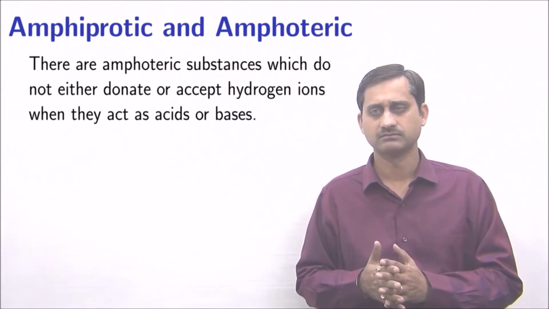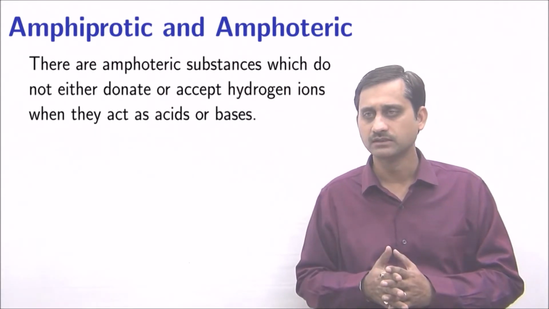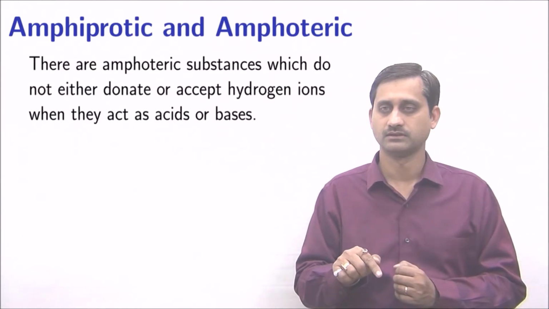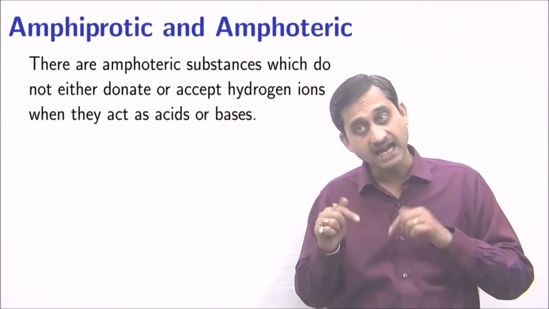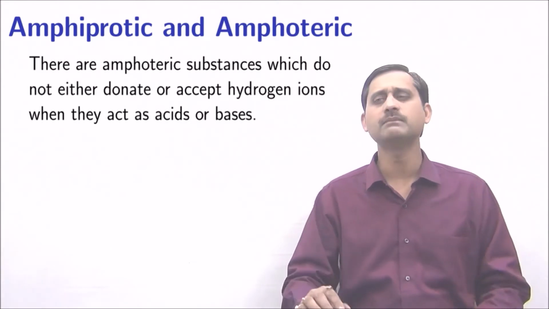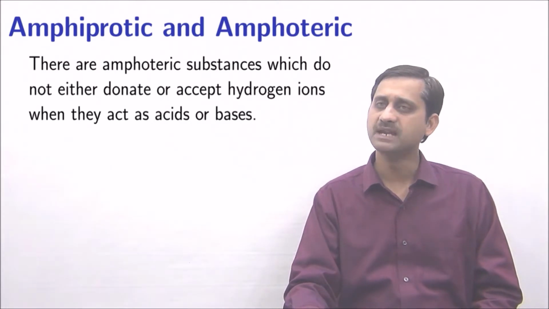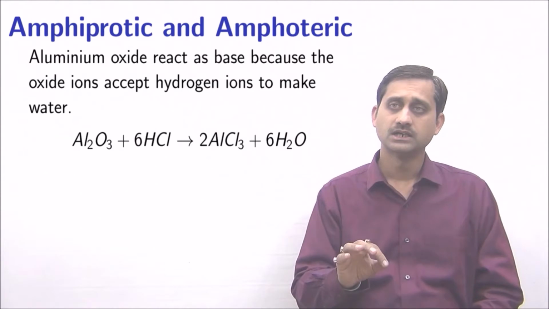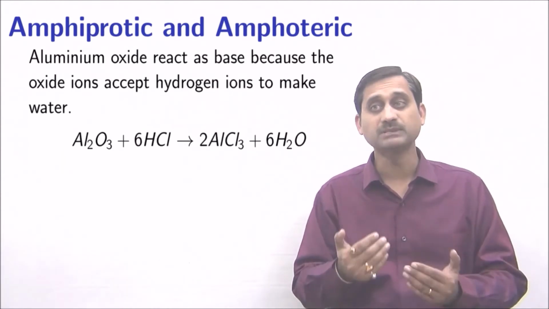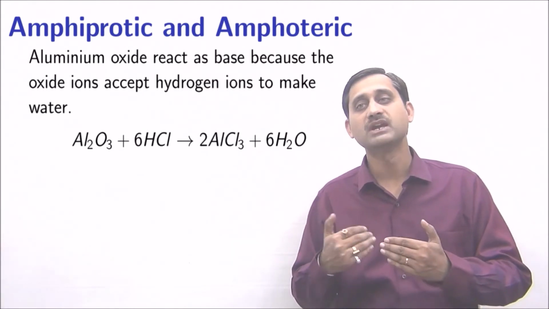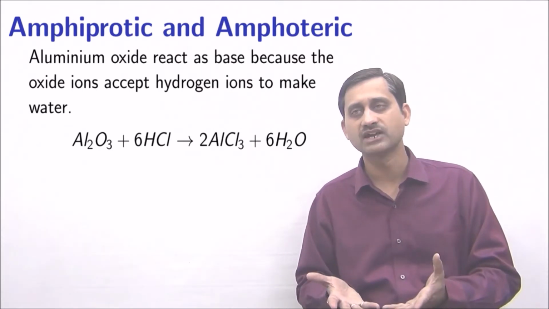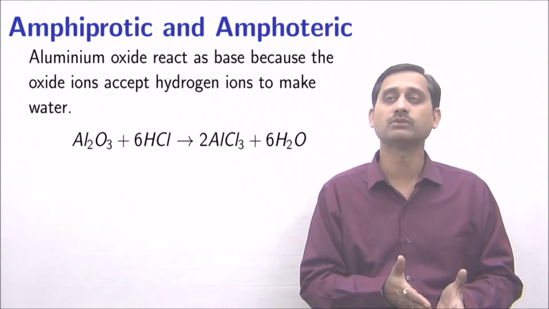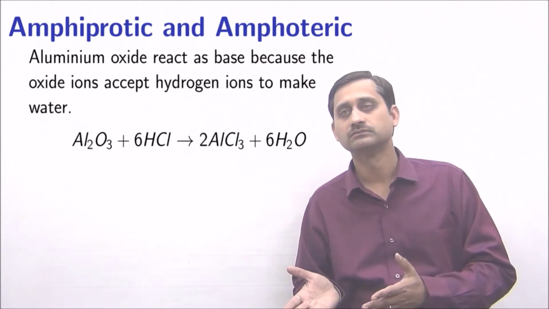Some metal oxides, like aluminium oxide, are amphoteric. They react both as acids and bases. For example, they react as bases because the oxide ion accepts hydrogen ions to make water. When aluminium oxide reacts with hydrochloric acid, it forms aluminium chloride and releases water.